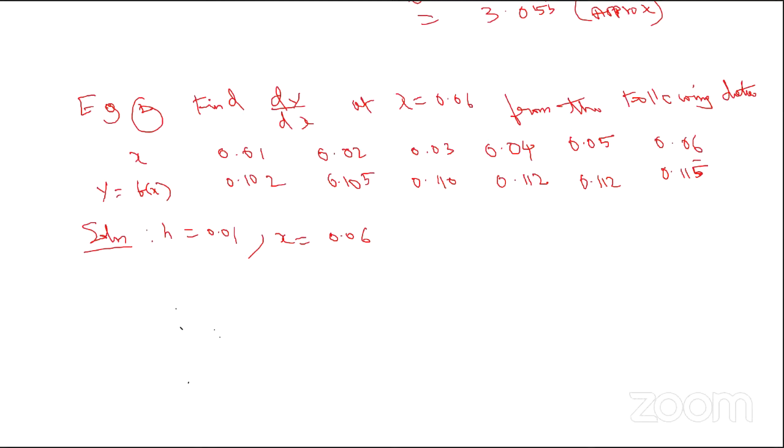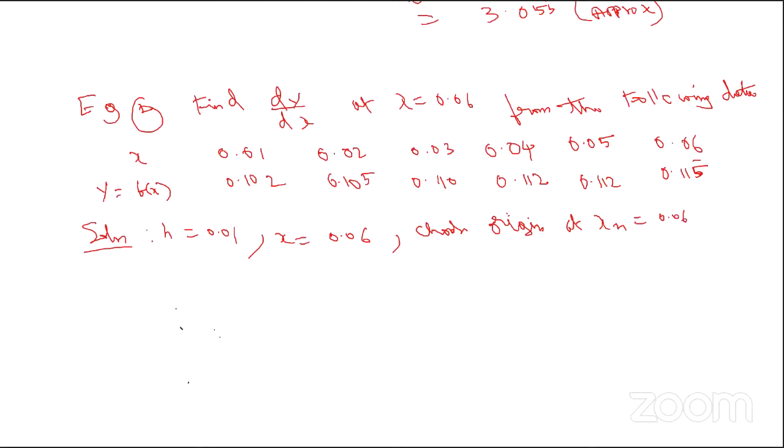So choose the origin x naught at xn equal to 0.06.